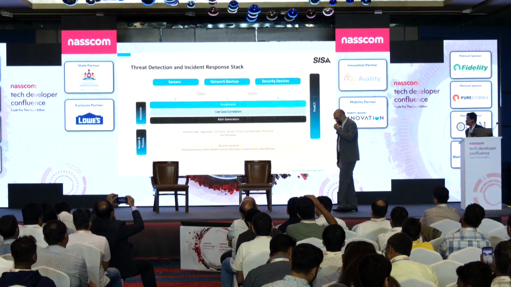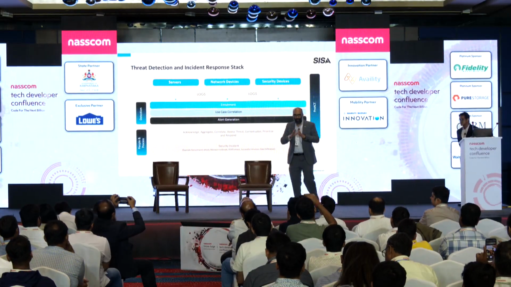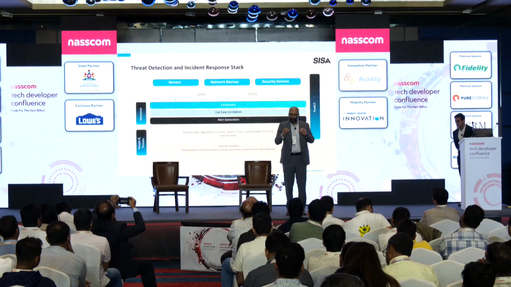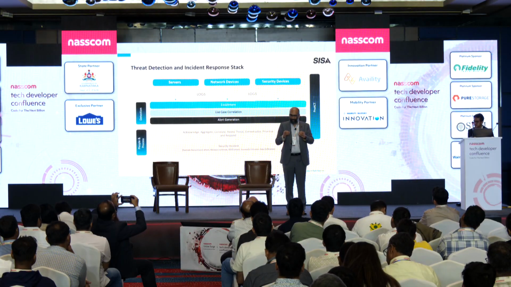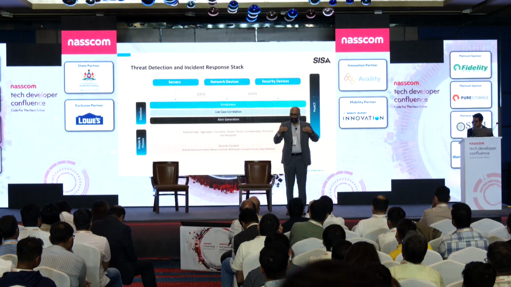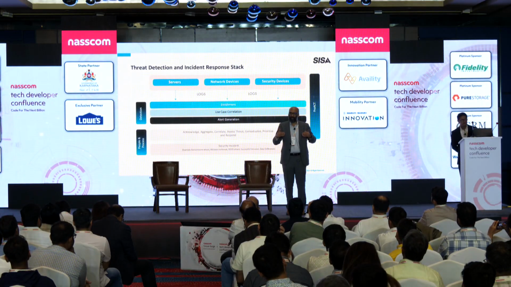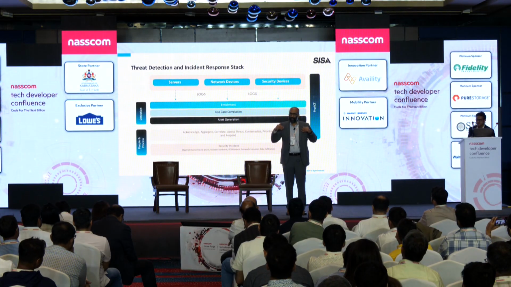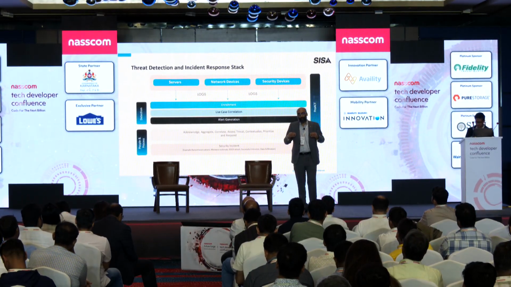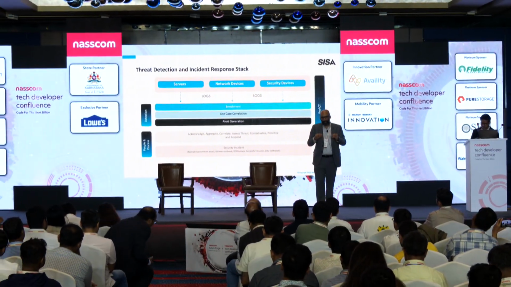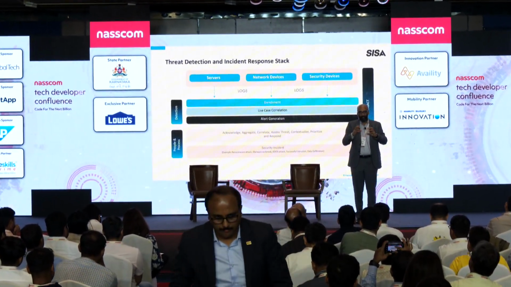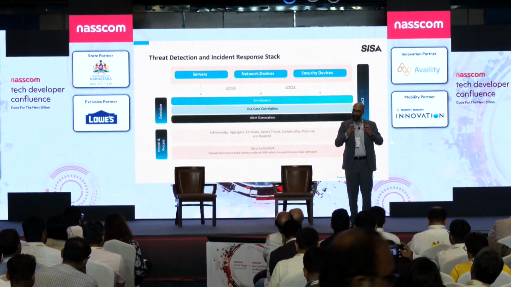So let's look at how threat detection and response works. A very simple diagram that I have given here. You have all the servers, network devices, security devices, applications. Everything is sending telemetry logs. The logs then get into an engine where the engine is identifying the threats.